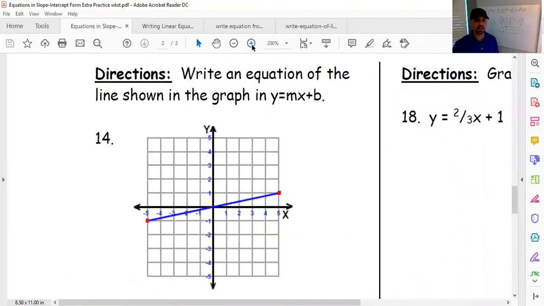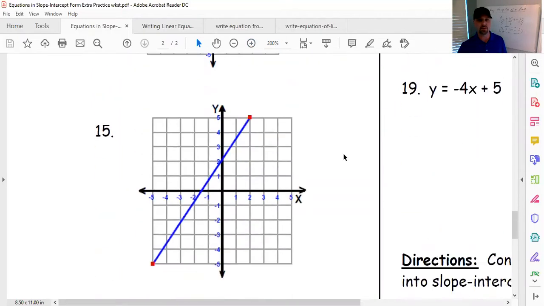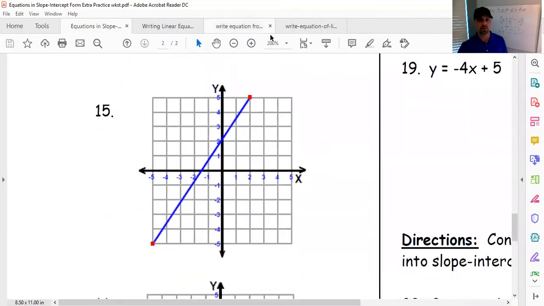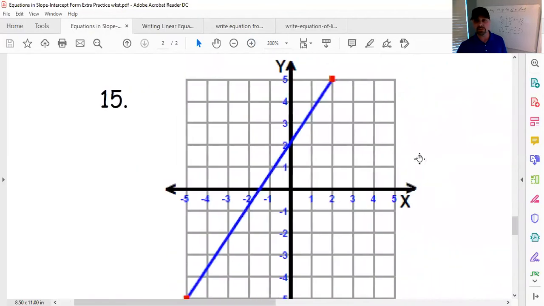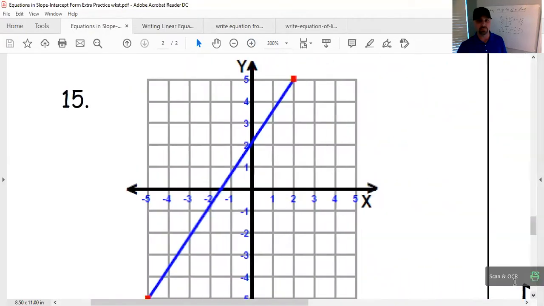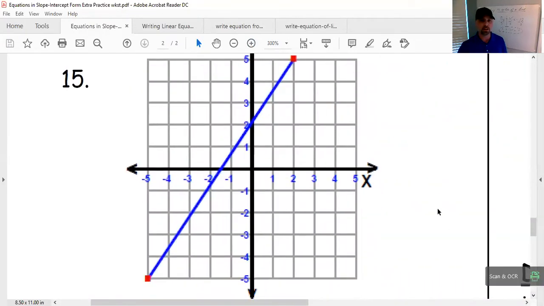So now let's take a look at how we can come up with an equation from a line, okay? And I think you all can do that. Let's start with this one. Even without me telling you exactly how to do it, why don't you try number 15?